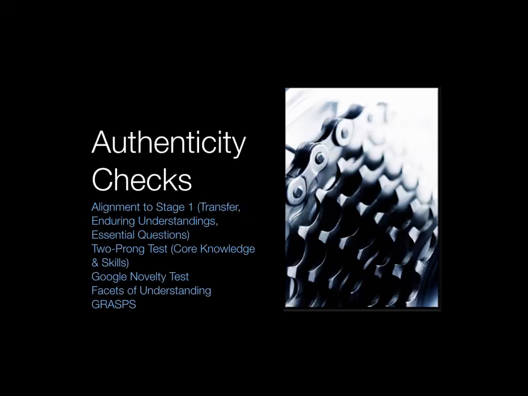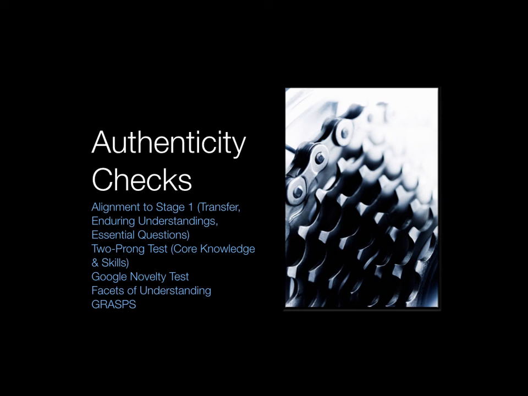The Stage 2 rubric has three categories it will be reviewing in your Stage 2 work. That first criteria will be the authentic assessment itself. First, the assessment's authenticity is checked.